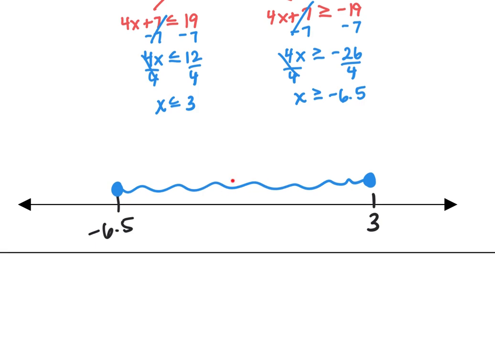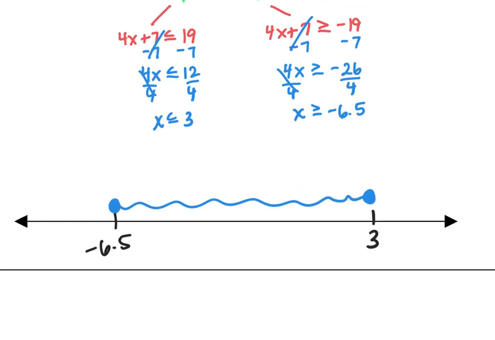So now if we were to write this solution using our inequality notation, we would have -6.5 is less than or equal to x, which is less than or equal to 3.